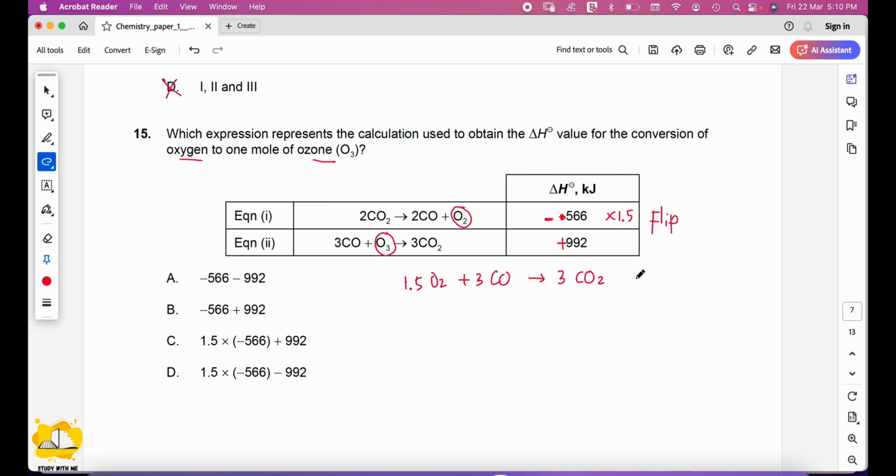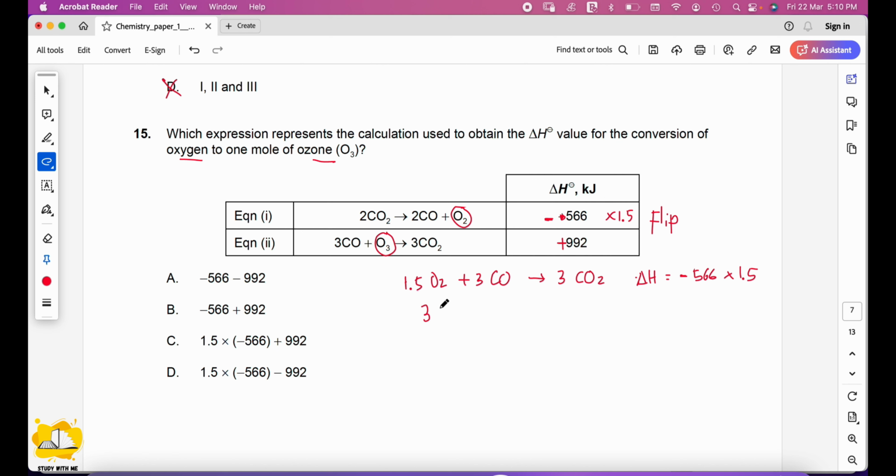It will be delta H, it will be negative 566 and times 1.5. All right, and for this reaction we also need to flip it, but it stays the same because we don't multiply with anything.